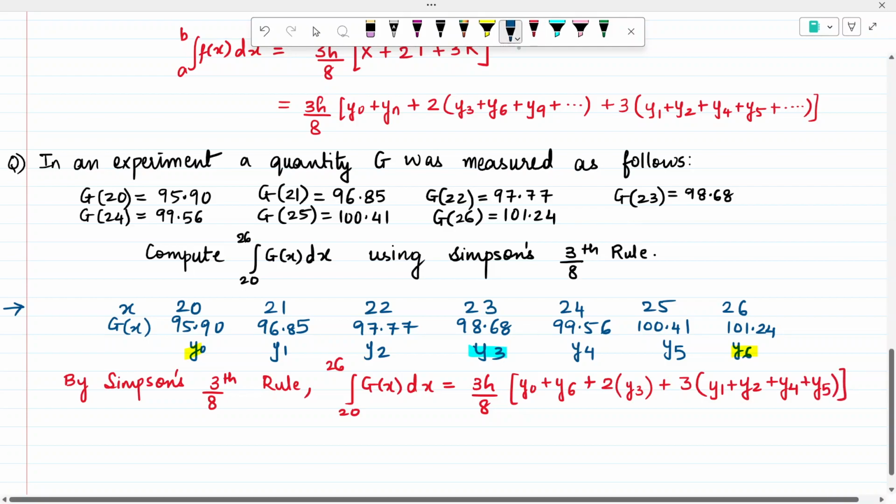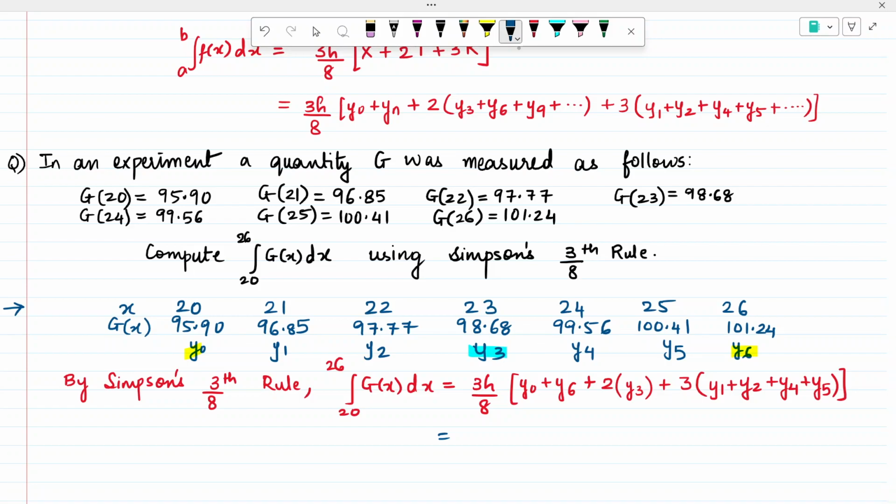Let's substitute the values. 3 times h. How much is h here? The value of h is 1. Correct. So 3 by 8 remains. In place of y0 we have 95.90.